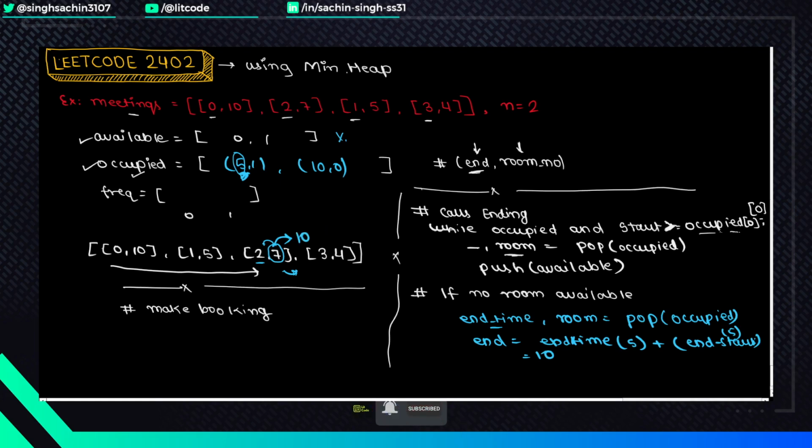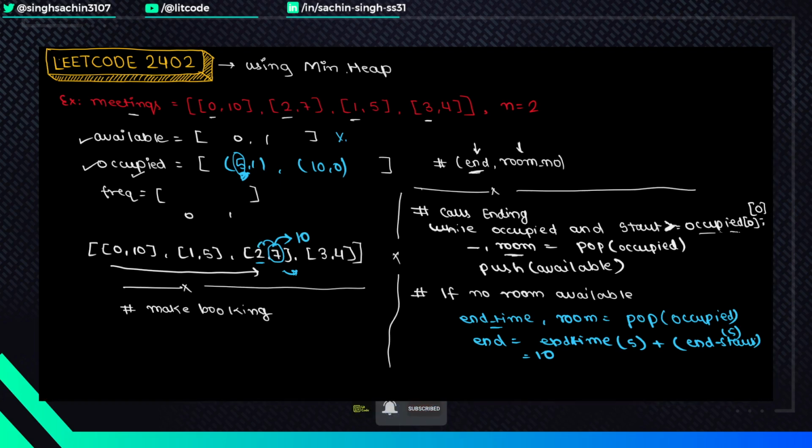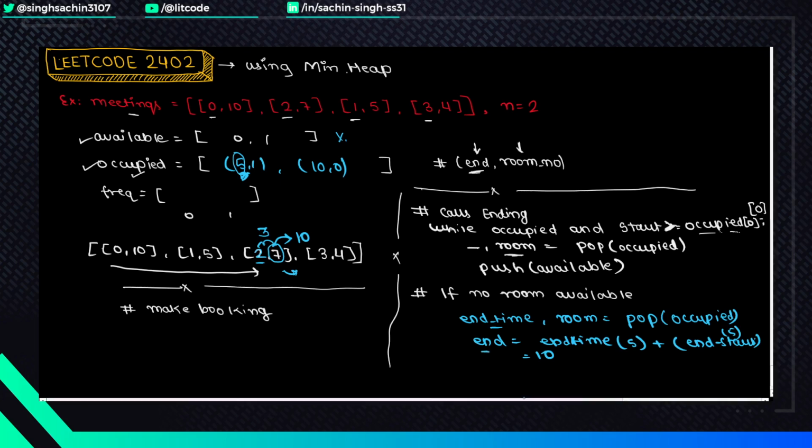We are also moving this one as well, right? Now this meeting will start at, it was expected to start at 2, but it will start at 5. So 3, and 7 plus 3, 10. And one more thing, the new end time.